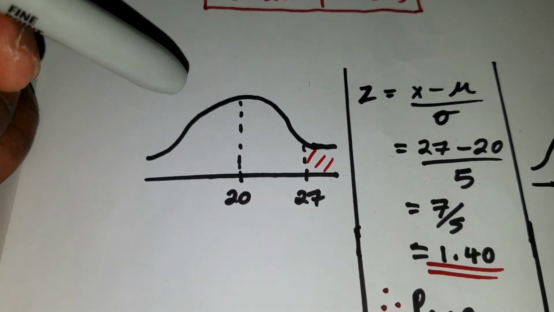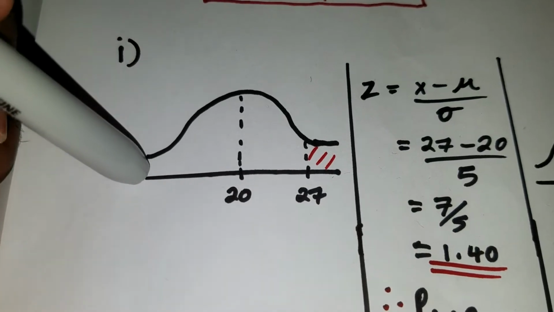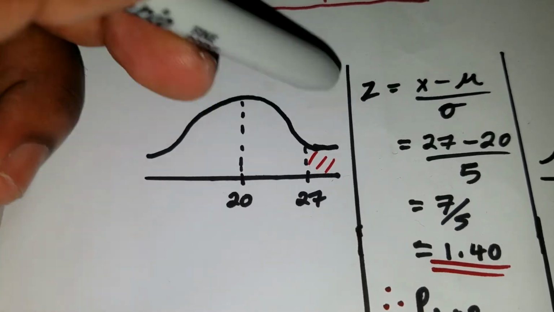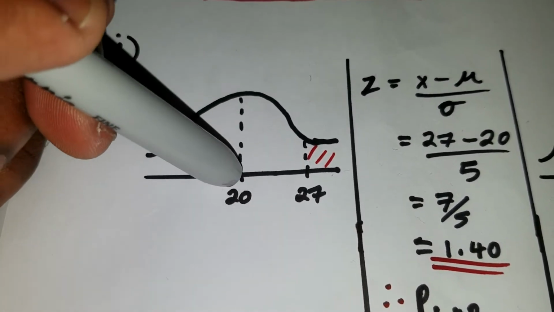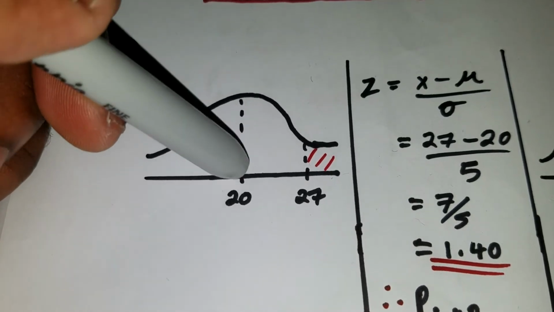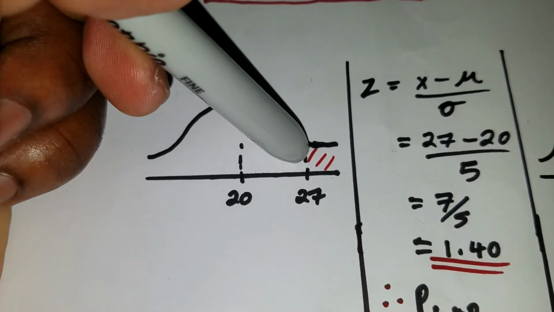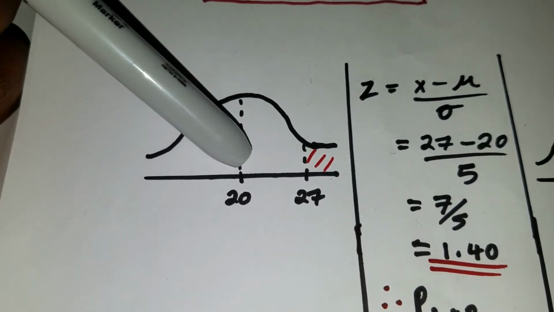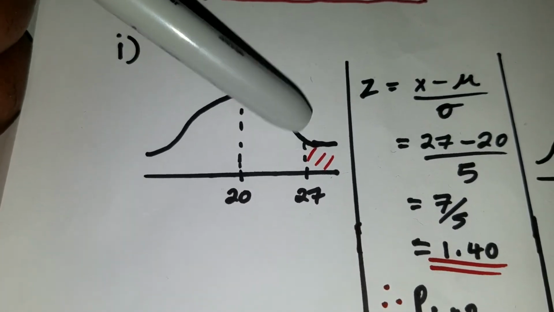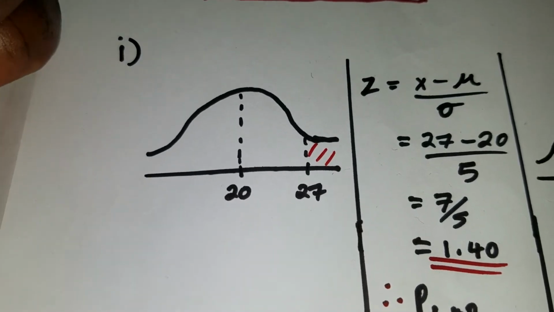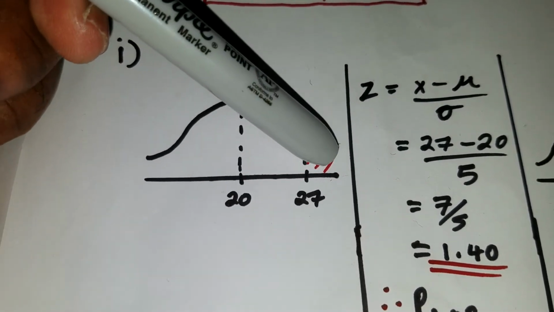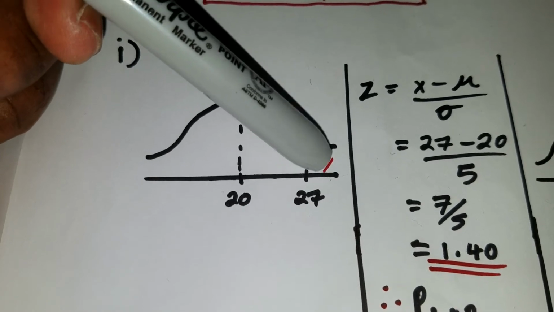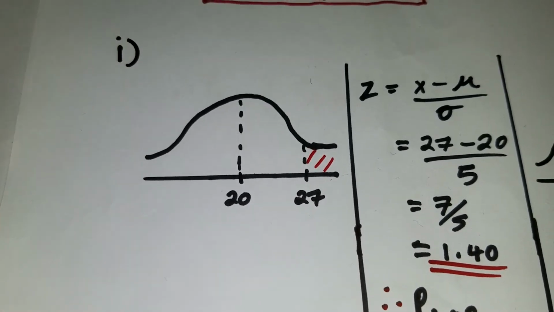When we draw our normal distribution curve, the mean will be in the middle, represented by 20. 27 is greater than 20, so it will be on the right side. We want to find everything that is more than 27, so we shade that region.